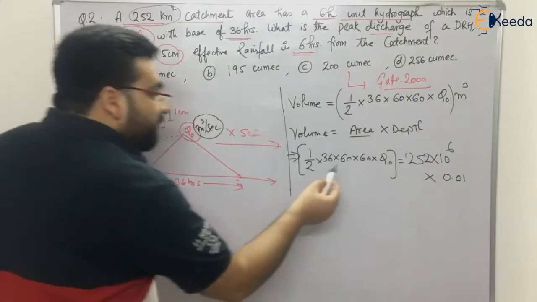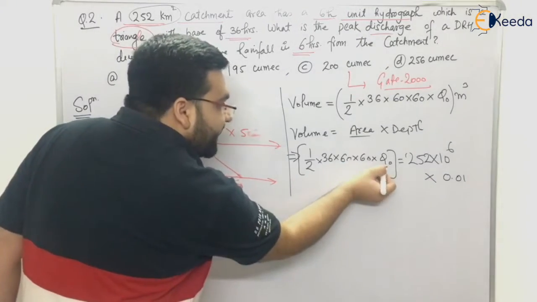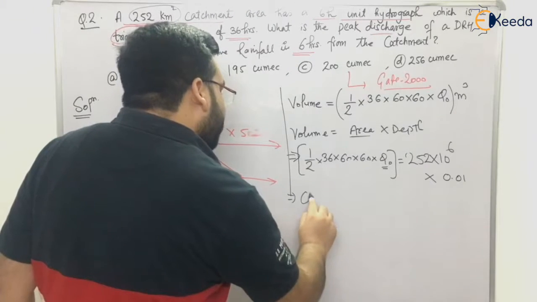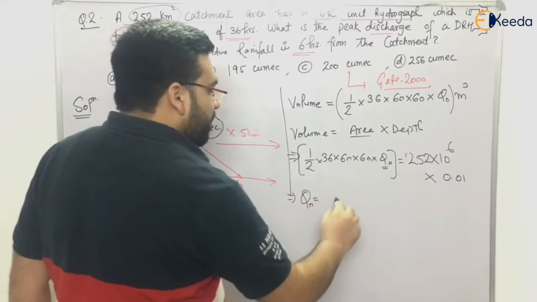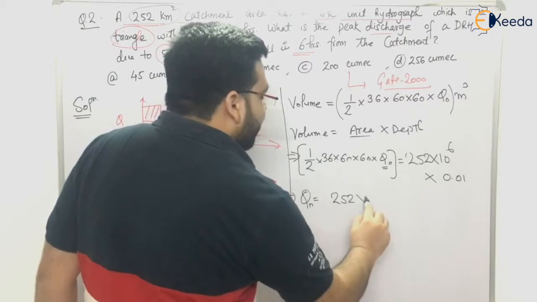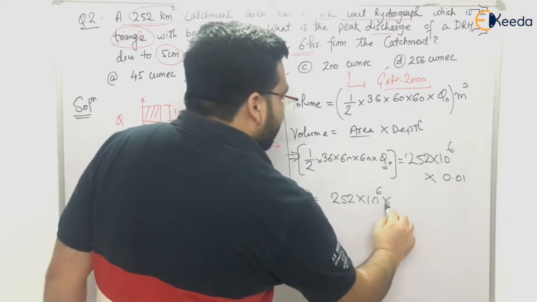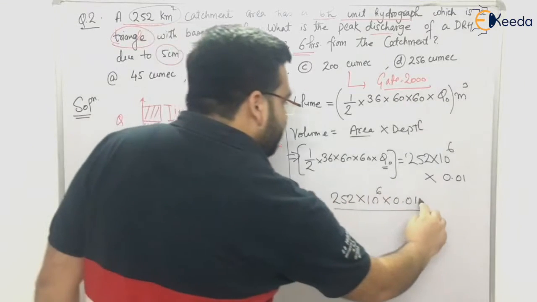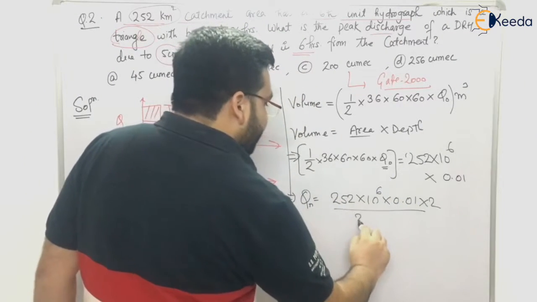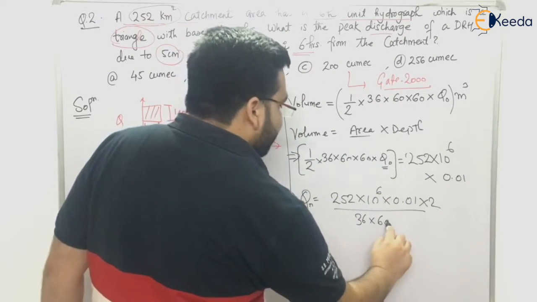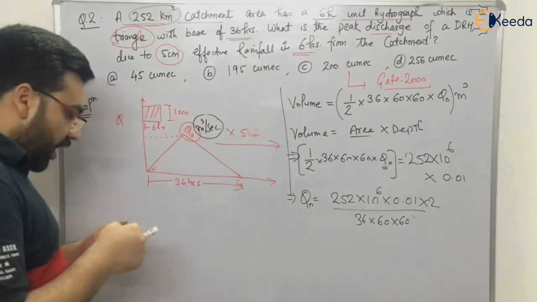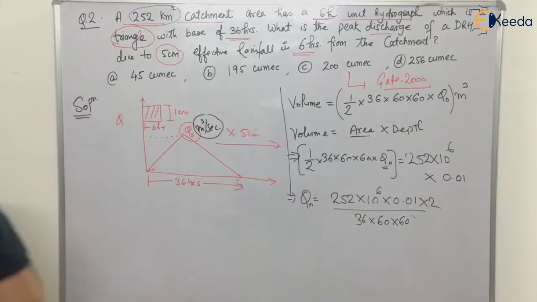Simple. So by this equation, can I get the value of Q naught? Yes, I can get the value of Q naught. So Q naught will be equal to 252 into 10 raised to power 6 into 0.01 into 2, divided by 36 into 60 into 60, right? So how much is the value? Let me get the value, right?